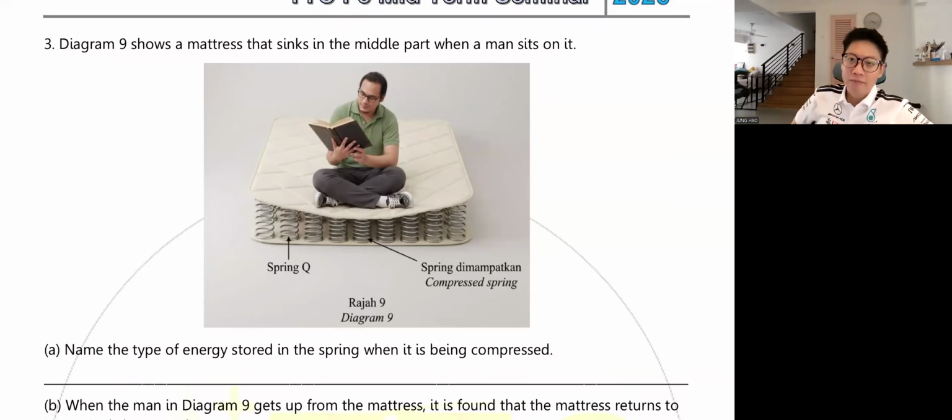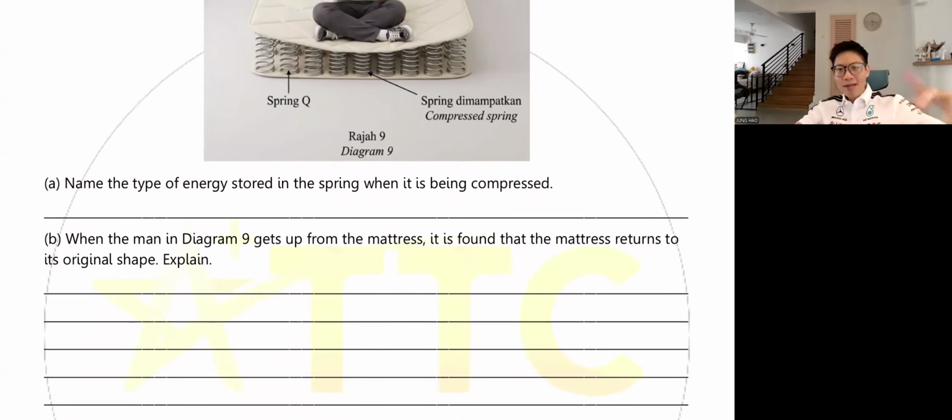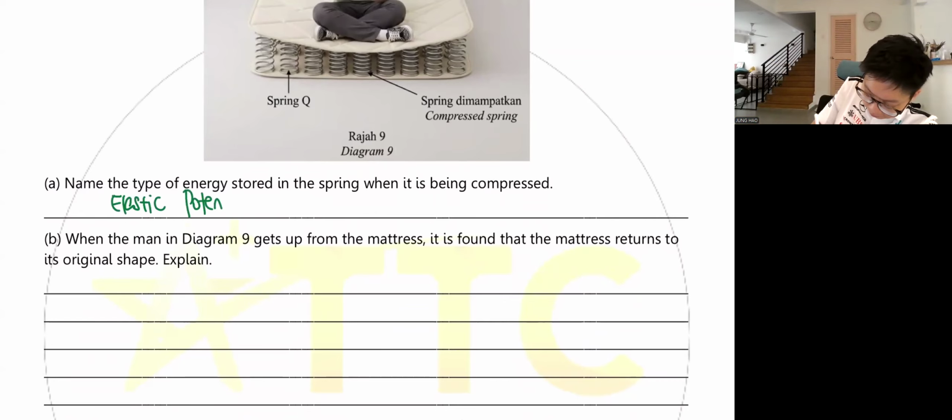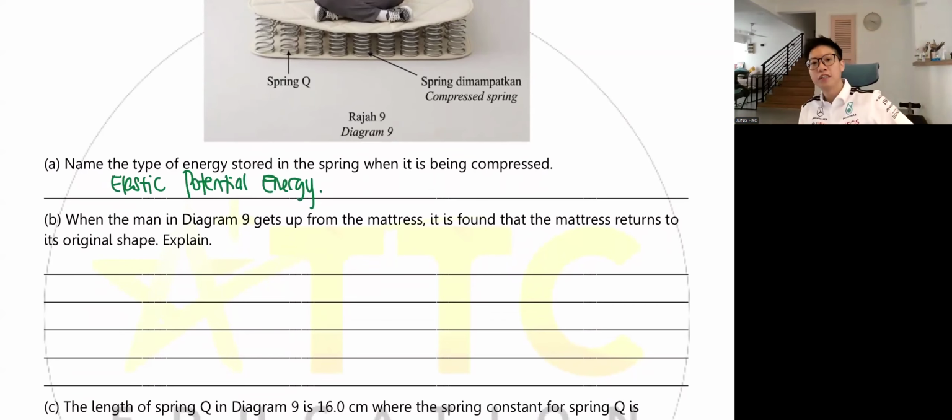Okay, let's continue. This is a mattress that sinks in the middle part when the man sits on it. For the front part, I'll just give you the answers. You can do this by yourself. It's very easy. For example, what is the energy stored in the spring? It's called elastic potential energy.